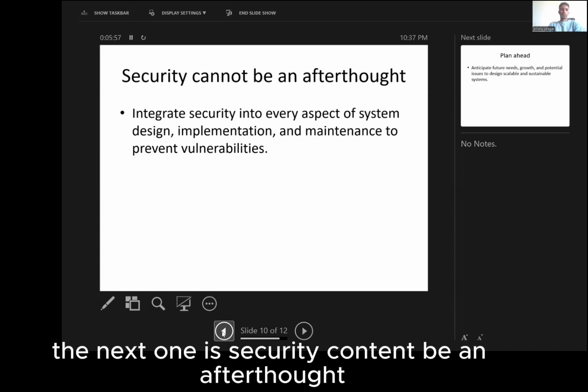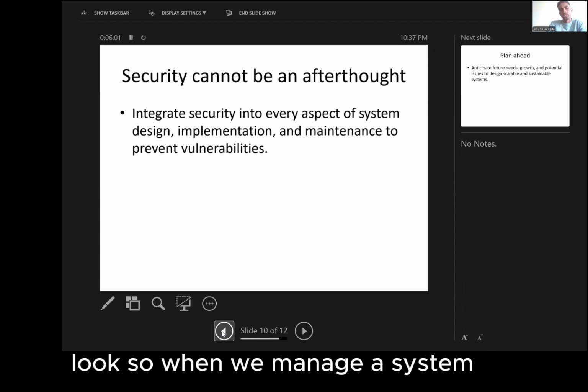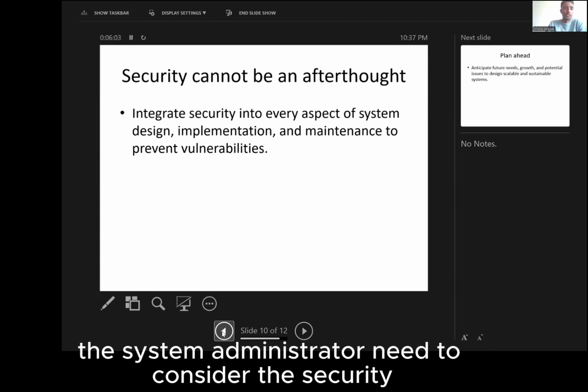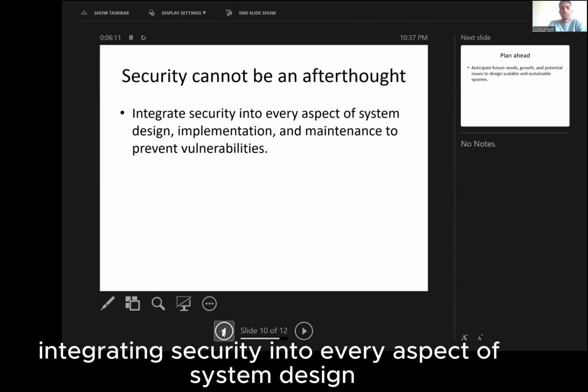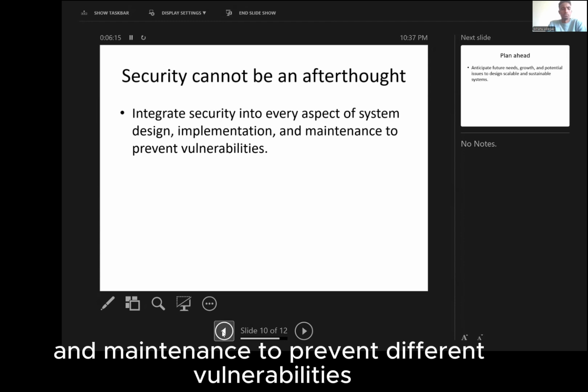The next one is security. Security cannot be an afterthought. When we manage a system, the system administrator needs to consider security concerns. This means integrating security into every aspect of system design, implementation, and maintenance to prevent different vulnerabilities.